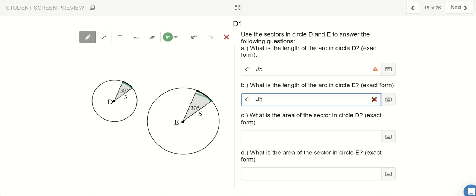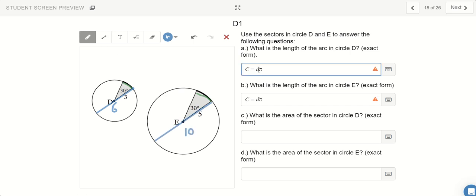In this case here, the radius is 3, so the whole diameter across would be 6. And here, the radius is 5, but the whole diameter would be 10. So using our formula, this is going to be 6 pi, and this is going to be 10 pi.